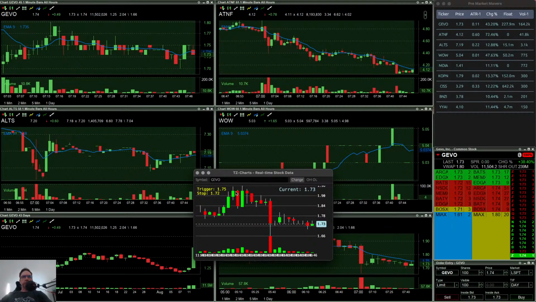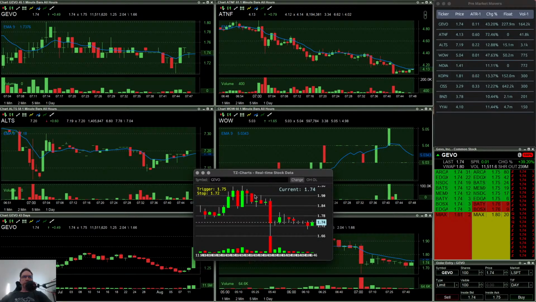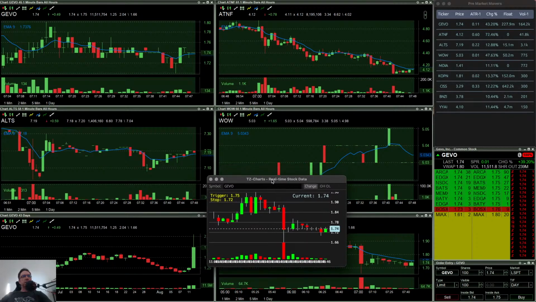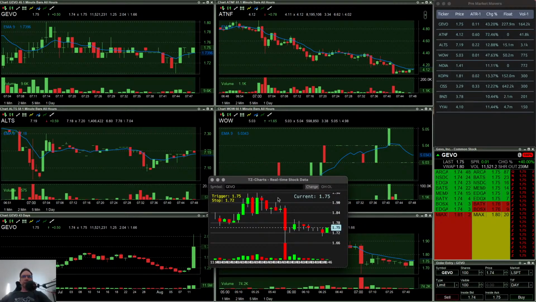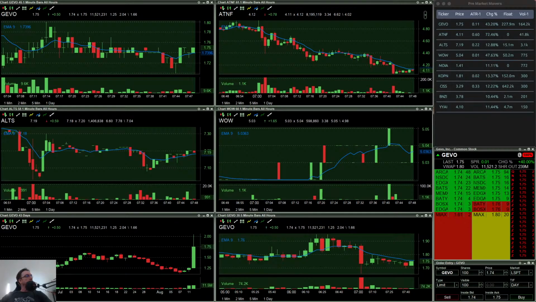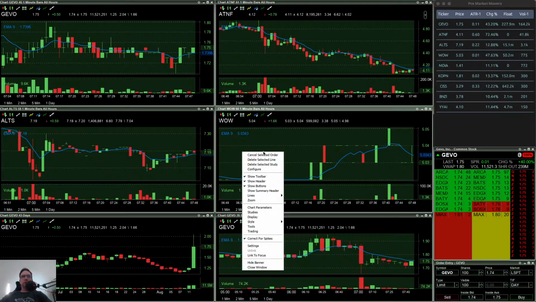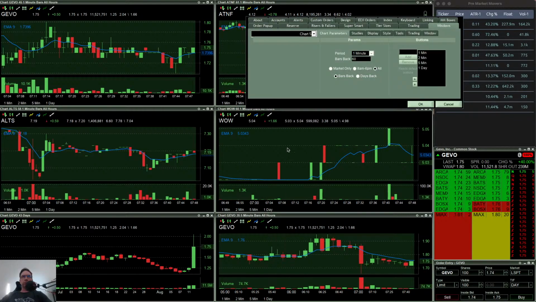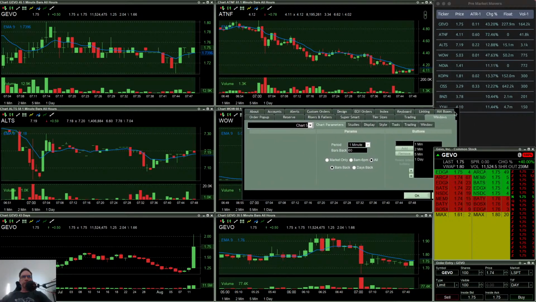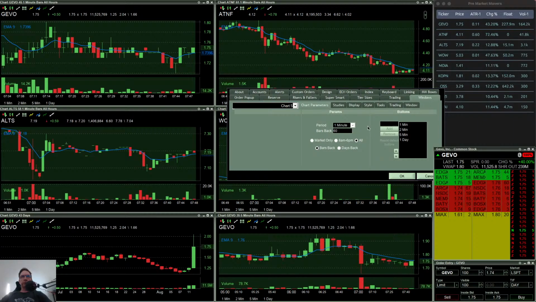Need to be able to change the time, at least 1 minute, 1, 2, 3, 4, 5 minute. I wish, because sometimes I like trading the 2 minute when the market opens up. Let me close this out. And Lightspeed doesn't have 2 minutes. If you go to chart parameters, and it shows here, period.